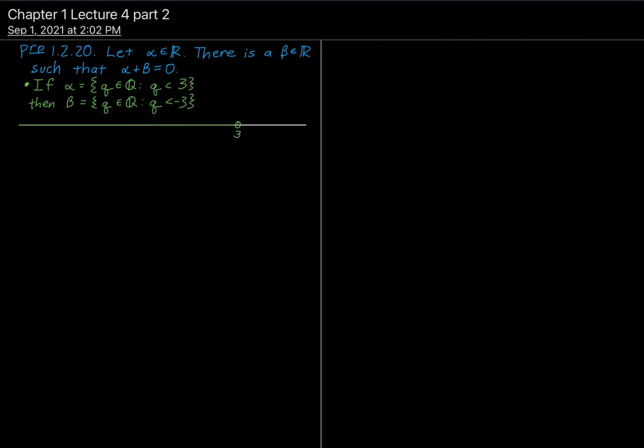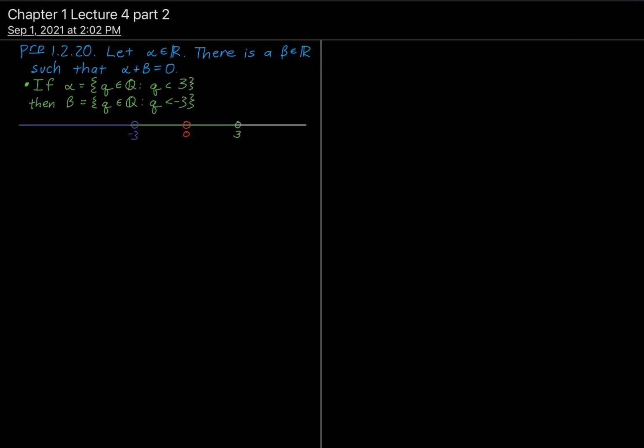Let's use a different color. Here is -3, and then we go down to -infinity this way, and then halfway in between them, we've got 0. So this picture is what we're generally going to want. We're going to want Dedekind cuts that are symmetric about 0.